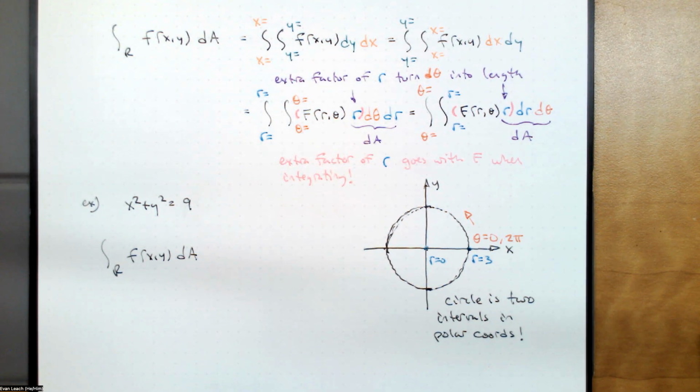So if I wanted to integrate a function over this circle, polar coordinates would be the way. Now, we would have to convert our f of x, y to a function of r and theta.